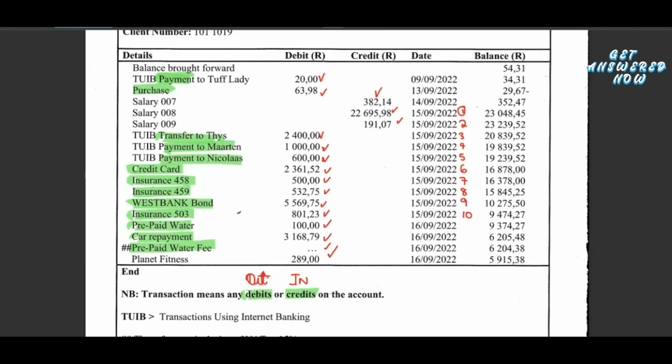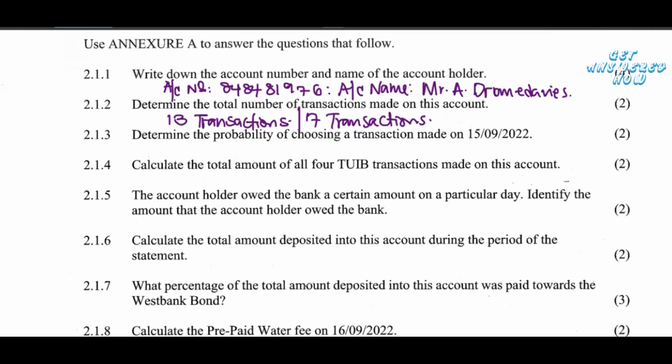All right. So there are 10 transactions done on this day. So the probability will be 10 out of 17. Anyone who counted 13 transactions first will also be right.